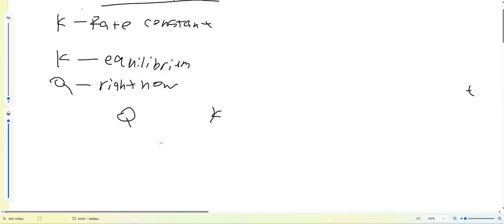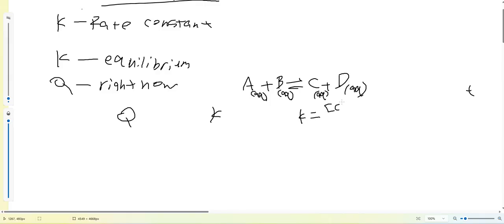So, if for the reaction A plus B turns into C plus D, our K equation is going to be equal to C D. Actually, I should probably do this the way the textbook defines it.